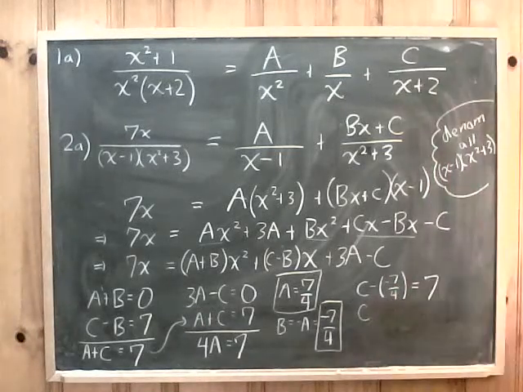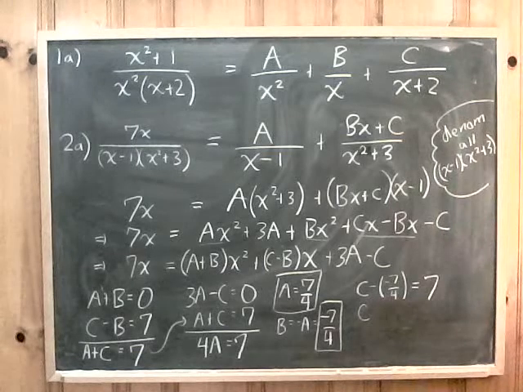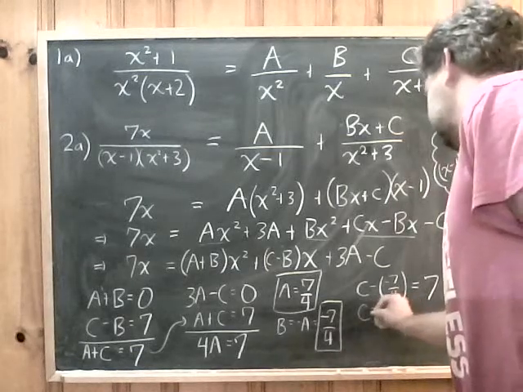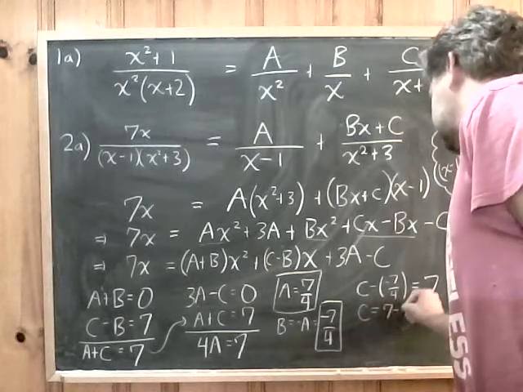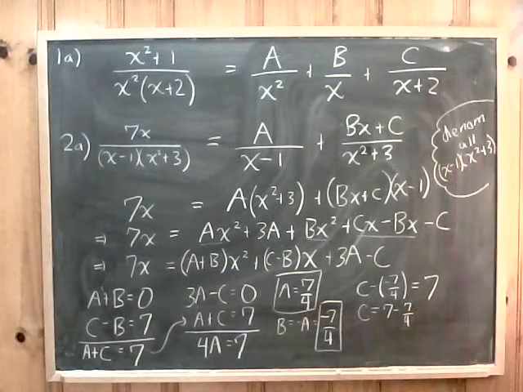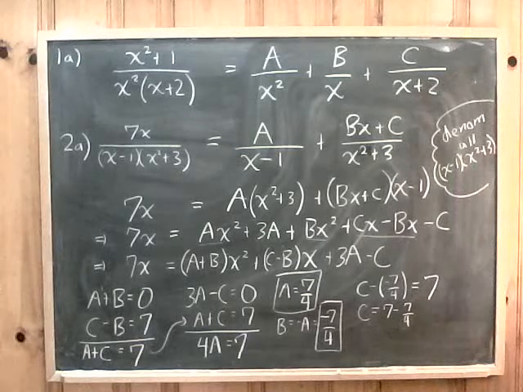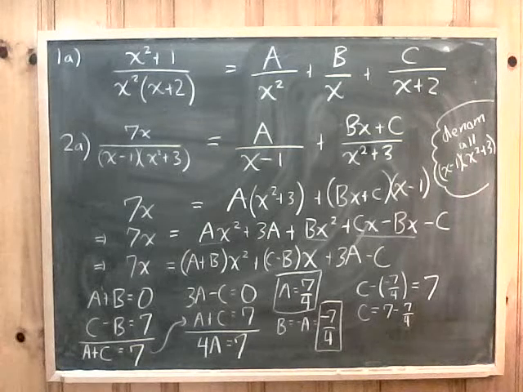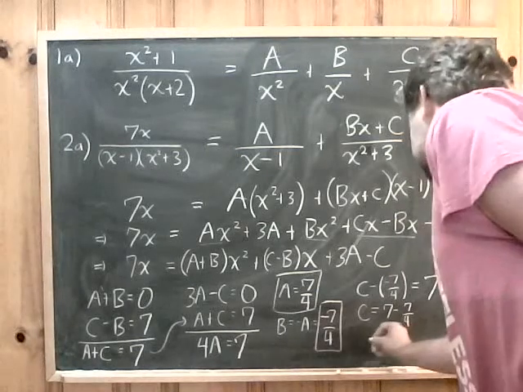Or you could just subtract that from both sides and say c equals 7 minus 7/4. And that would be, you could get it all in one fraction or on a calculator. 28/4 minus 7/4 is equal to 21/4.